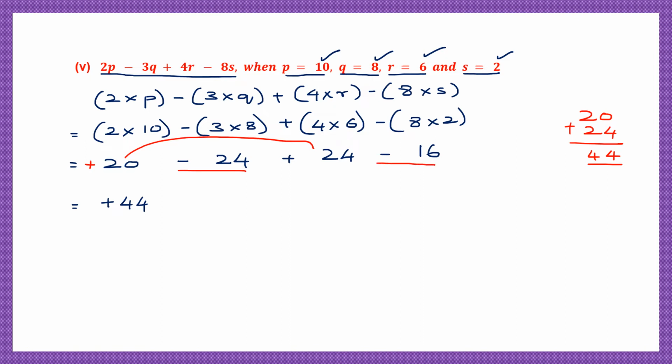When signs are the same, as you can see the signs are the same, put the same sign and add. So let's add 24 and 16. 6 plus 4 is 10, carry 1, so that is 10, 0, carry 1. 1 plus 2 is 3 plus 1 is 4, 40. So 44 minus 40. And our answer here, 44 minus 40 is 4. So the answer to this question is 4.